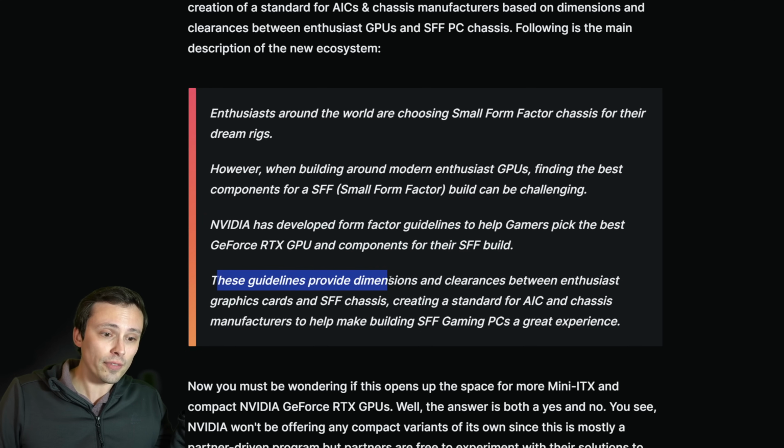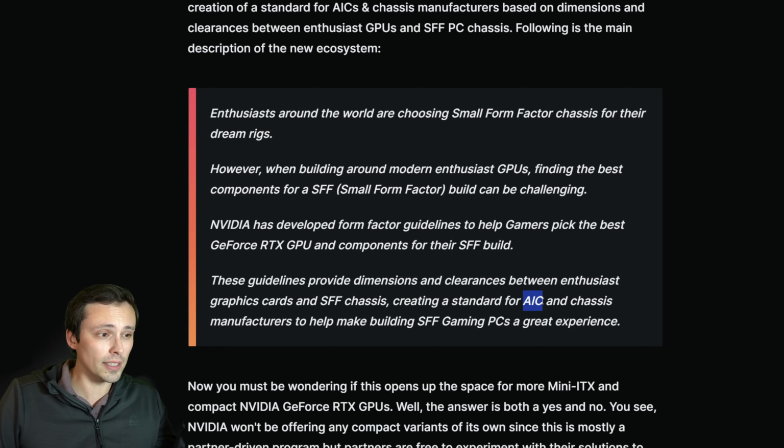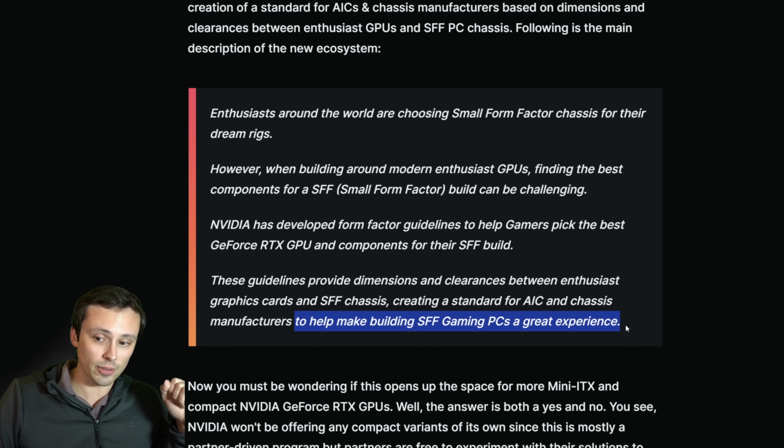These guidelines provide dimensions and clearances between enthusiast graphics cards and small form factor chassis, creating a standard for AIC, that's the GPU board manufacturers, and chassis manufacturers to help make building small form factor gaming PCs a great experience.